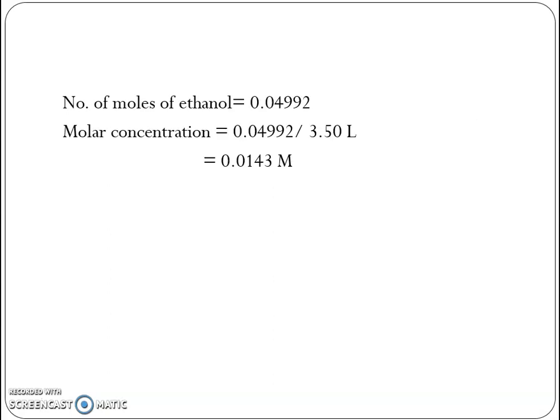So we just have to put it in the formula. Or what you can first do is find out the number of moles. So number of moles is weight upon molecular weight. So it turns out to be 0.04992. And to find out molar concentration, you will write number of moles divided by the volume. Here the volume is in liters, so we are not putting 1000 in the numerator. And thus molar concentration of ethanol turns out to be 0.0143 molar.